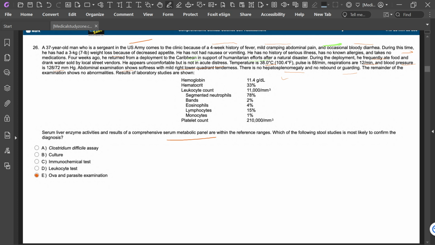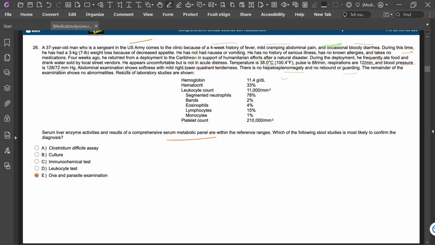Option B: culture of the stool can aid the diagnosis of bacterial gastroenteritis.